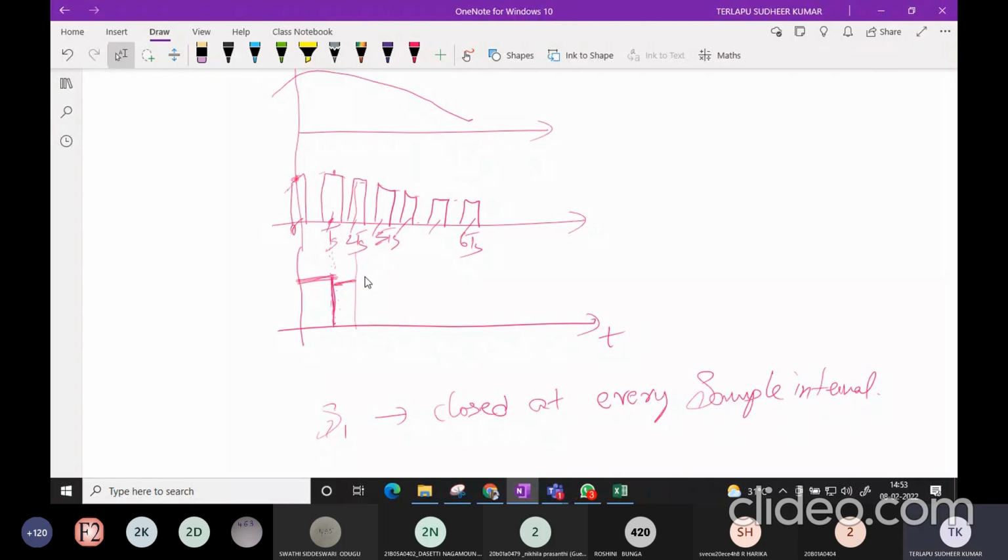Again my capacitor is brought to 0 just before the next sample interval. Again the next value to which my capacitor is charged and held, again discharged, again charged.